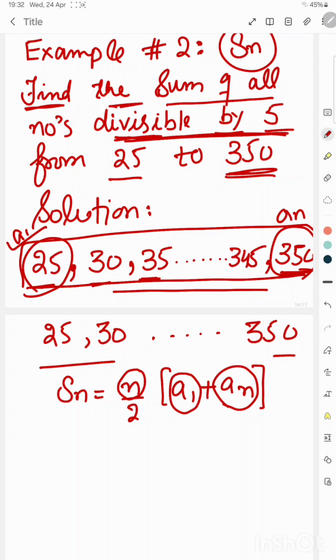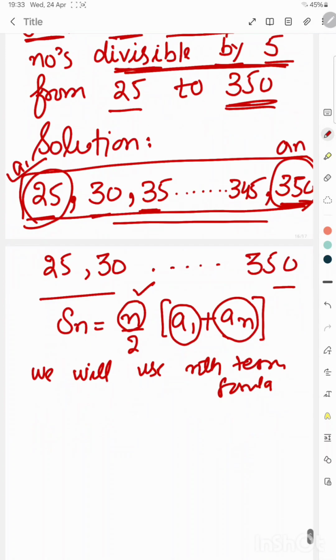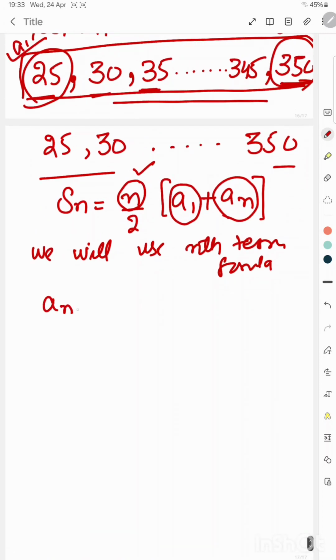And students, as I already told you, whenever any term is missing, whether it is an, the first term, the last term, the value of n or the value of d, we will always use the nth term formula. Here the missing term is n, so we will use the nth term formula, which is an is equal to a1 plus (n minus 1)d, and with the help of this formula I will be able to find the value of n.